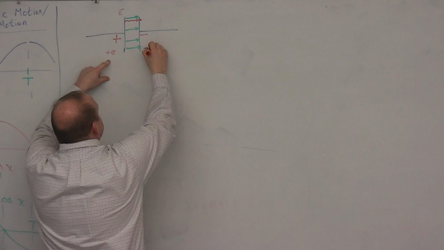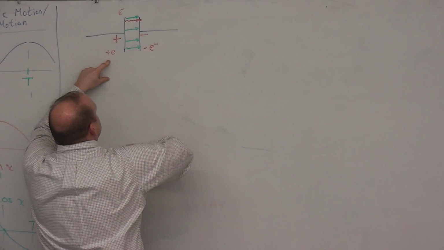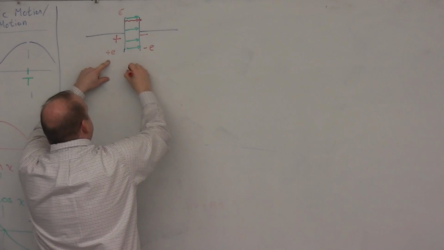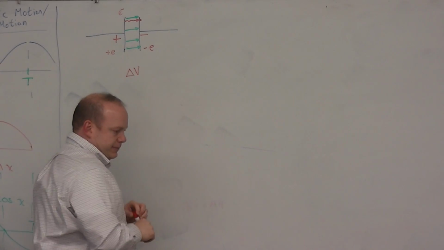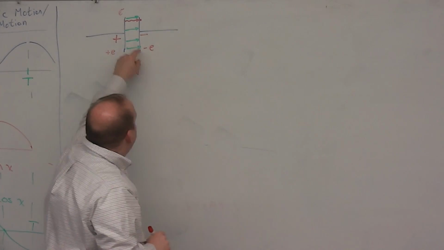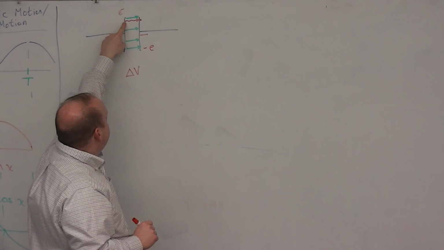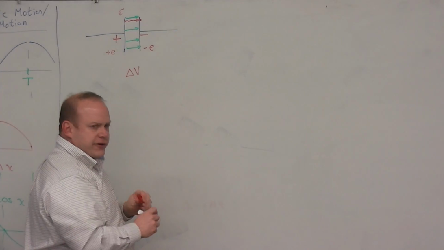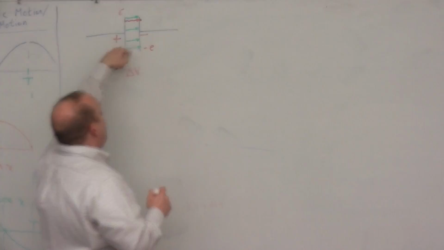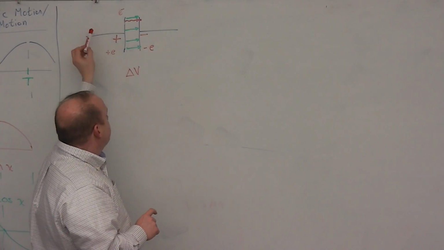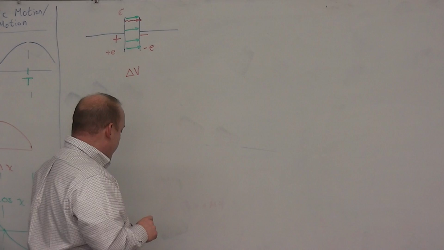This is a charge negative e. And there's a potential difference between the two of them of delta V. Now, by the way, in reality, we're not going to move the electron through this gap from one plate to the other, but it helps our understanding for right now. We're actually going to go around the back way and put the electron in going around the other way.